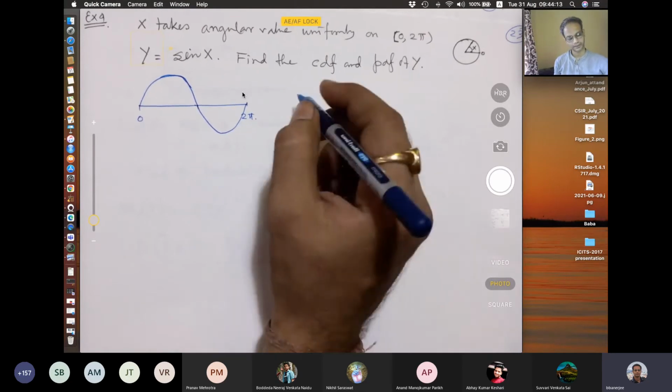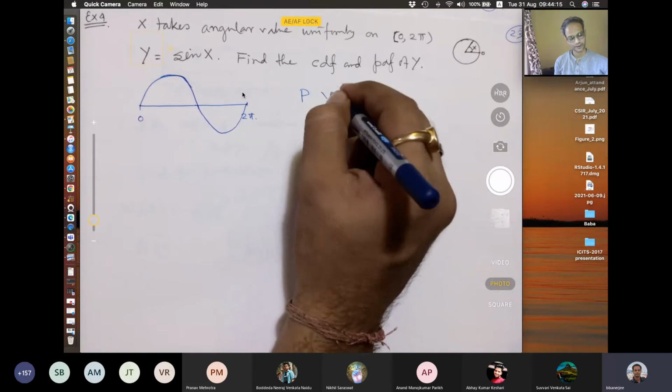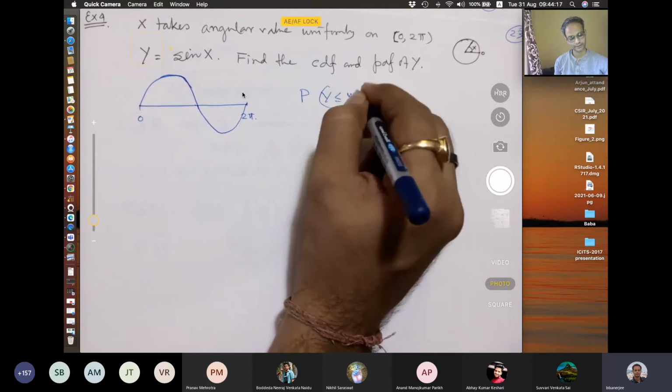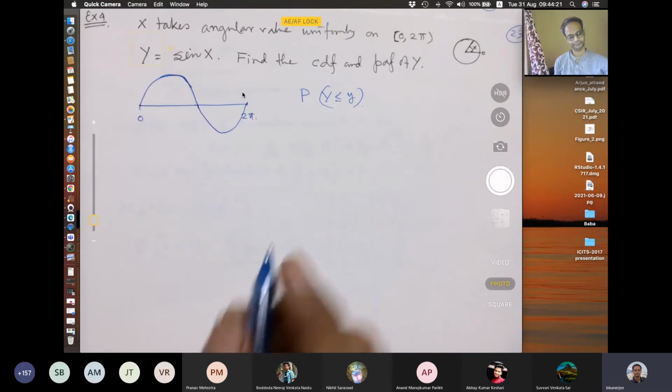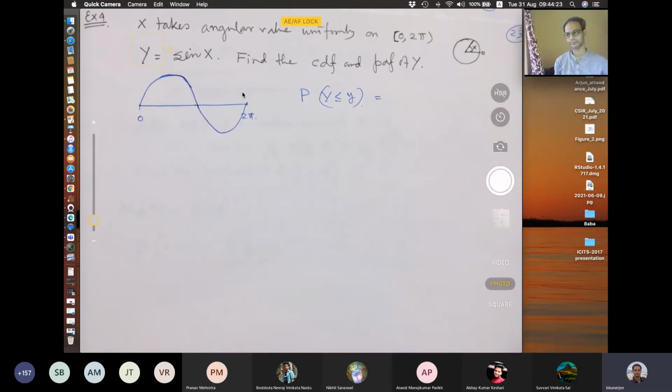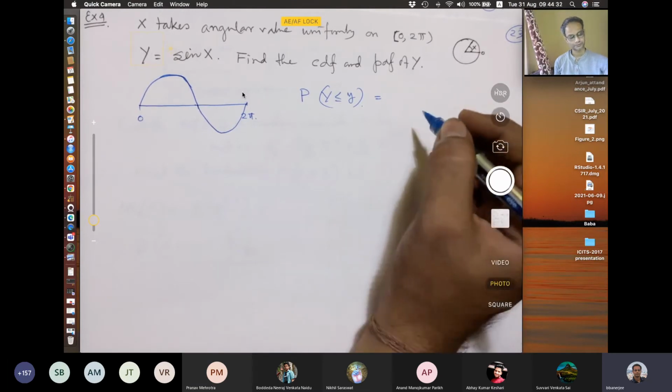And to find the PDF, what you need to know is the probability Y less than or equal to small y. What will be the possible values of small y that you need to consider? -1 to +1.